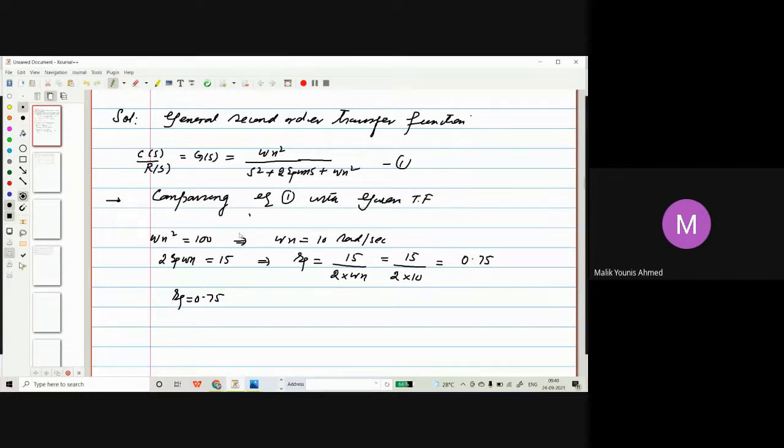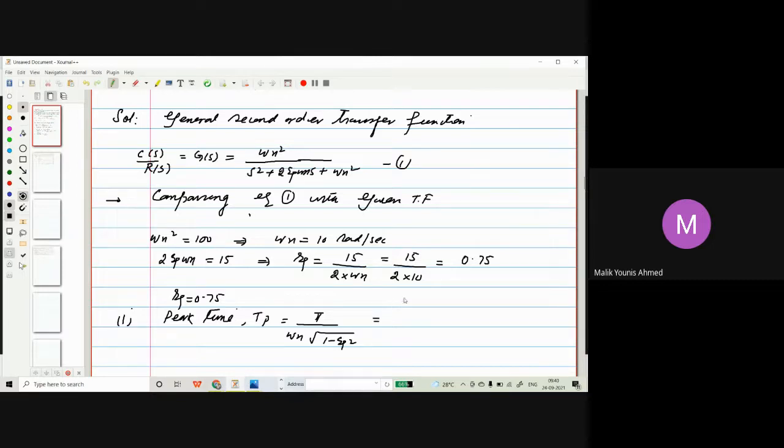Now, number one, we have to find peak time. You have to remember and memorize these expressions. Peak time TP is pi divided by omega n under root of 1 minus xi square. Pi is in radians always.